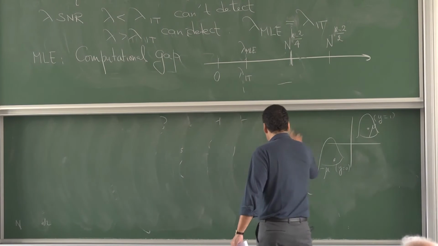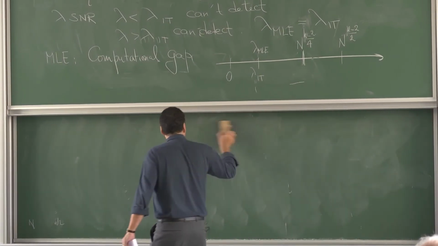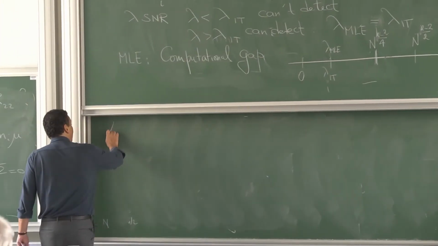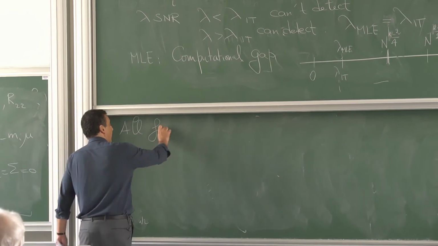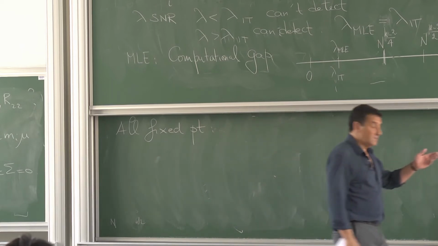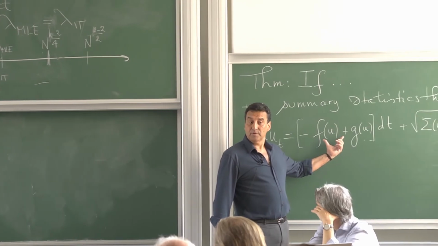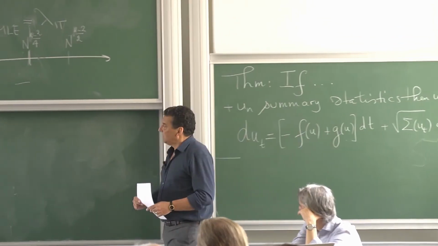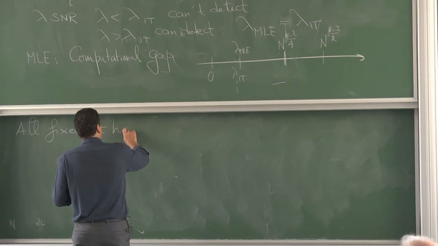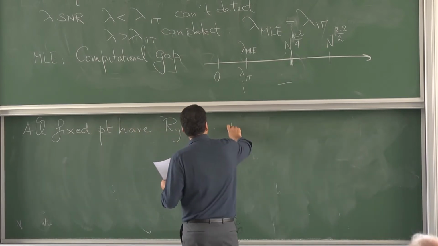So a priori, we're in dimension 7. But drawing a picture in dimension 7 is complicated. But for all the fixed points of my limiting system with no sigma, and this will be my field, minus f plus g, all the fixed points have r_ij equals 0, and they always have m_i equals v_i.